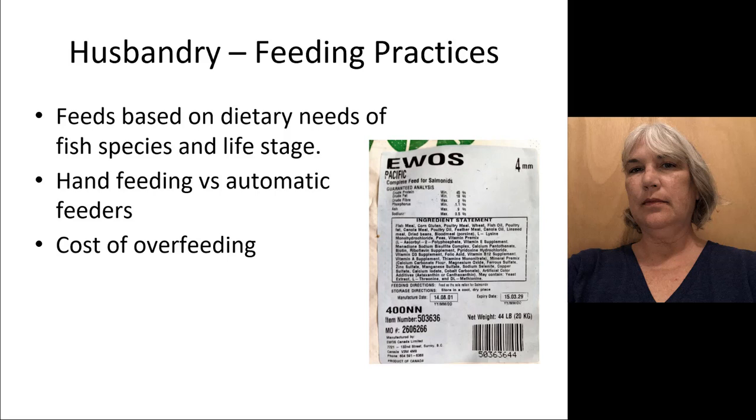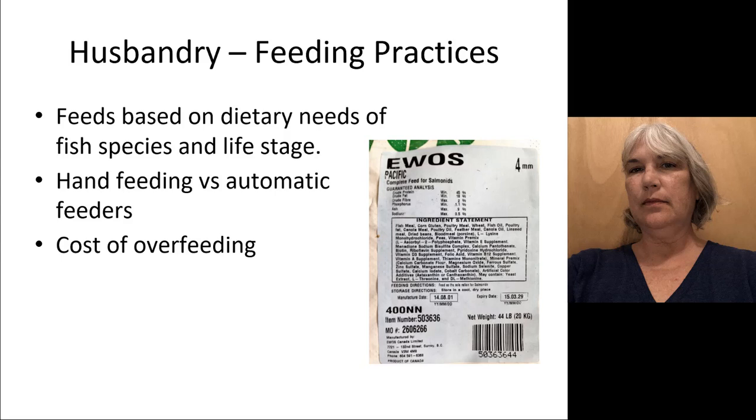Now, most aquaponic farmers use commercial diets, and these diets have been specifically formulated for a specific fish species and maybe even a life stage. Some aquaponics farmers would like to sell their fish or use the fish as secondary income, which is fine, and they will typically go for a higher protein diet.